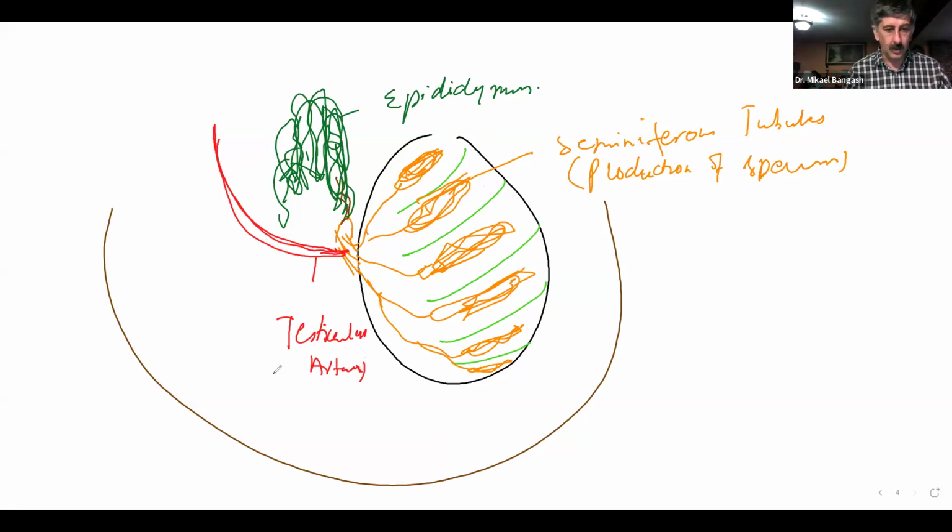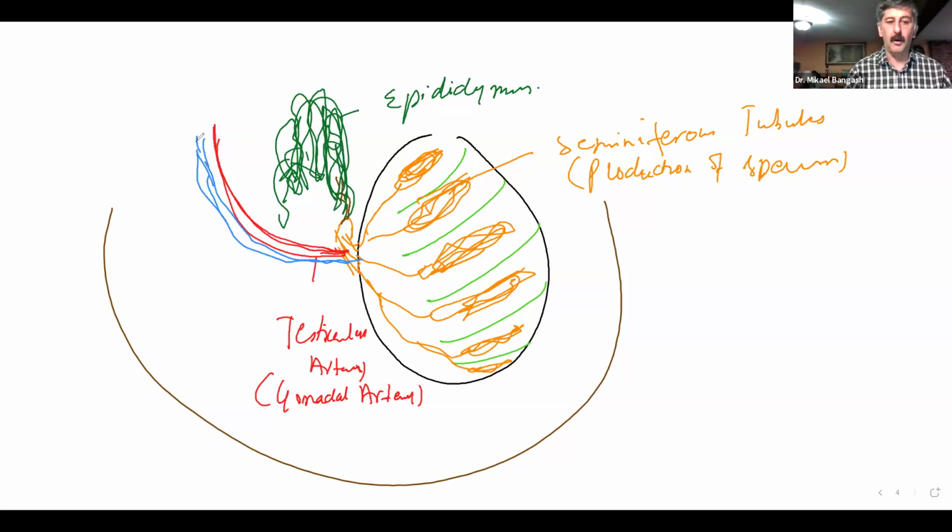But it can also be referred to as the gonadal artery, mainly because the blood vessels are supplying blood to the gonad. Likewise, a vein takes the blood off the testicle, which is going to be the testicular vein, or we can say the gonadal vein.